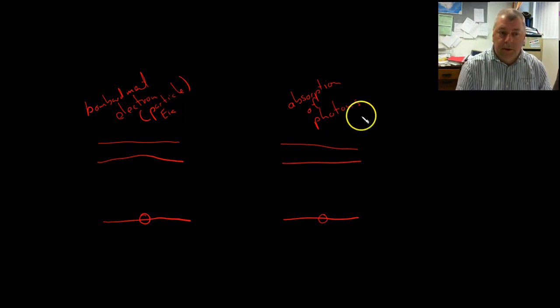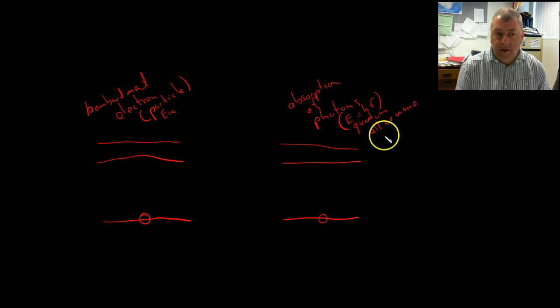The photon isn't a particle, but it has energy, and that energy is equal to hf. Okay, but it's a quantum. It's a quantum in that the photon can only give all or none of its energy.